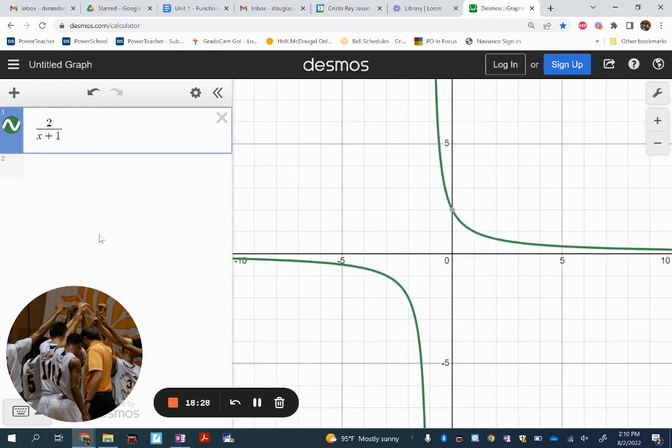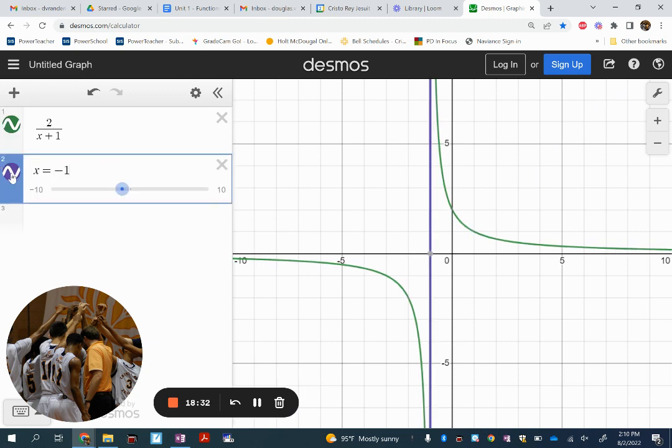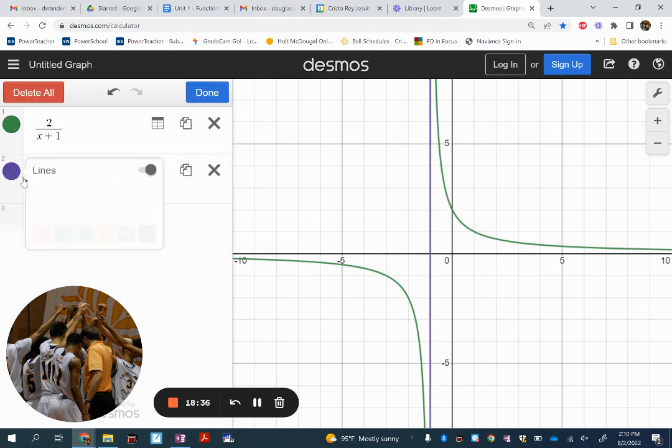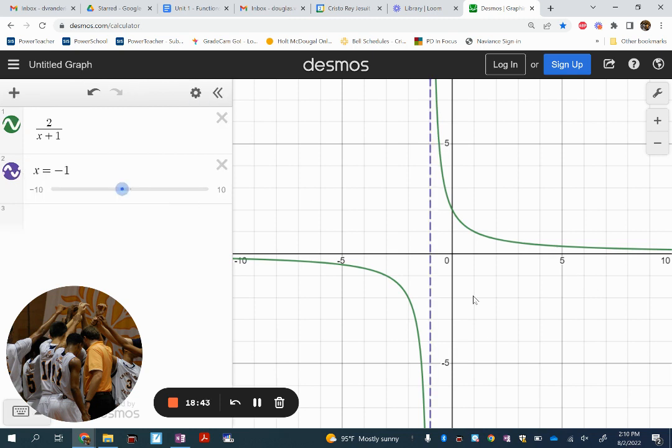And if I were to graph x equals -1, and I'll change it up, you don't have to do this, but if you change it up to look a little different, you might notice what this is, that dotted line. You might remember me talking about this in a different year, where your teacher in Algebra 1 or Algebra 2 told you that this is called an asymptote. So we have a vertical asymptote at x equals -1.